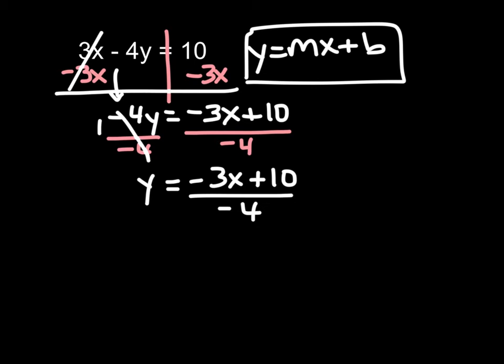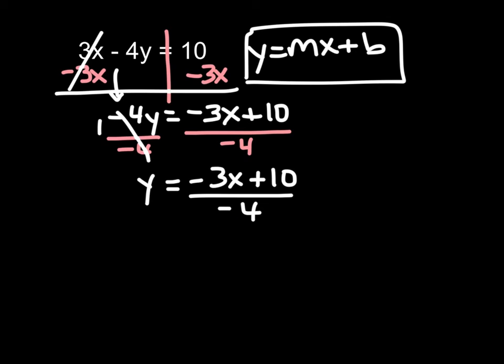However, we are going to take this one step further so that we are in this y equals mx plus b, the slope-intercept form. To do that, this is pretty important, we have to remember that both the -3x and the +10, both terms in the numerator, need to be divided by the -4.